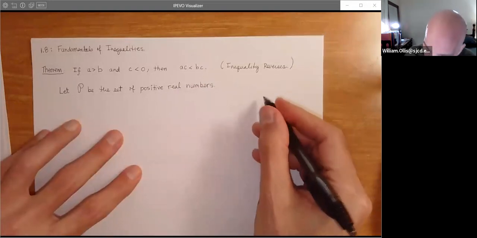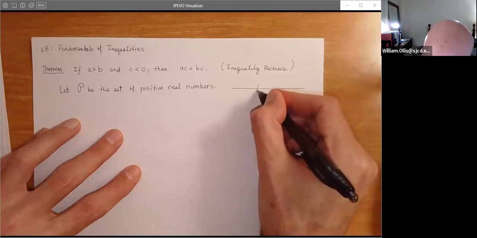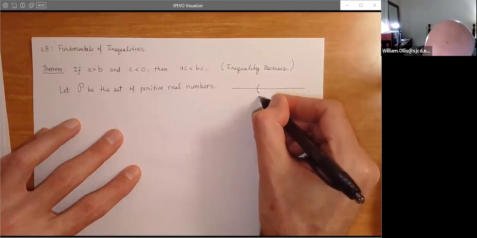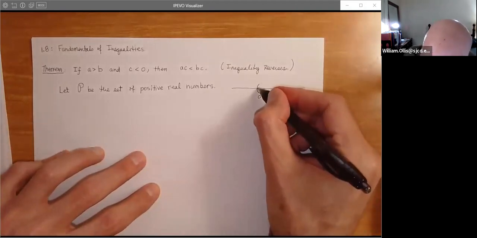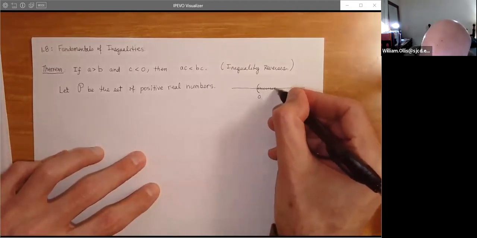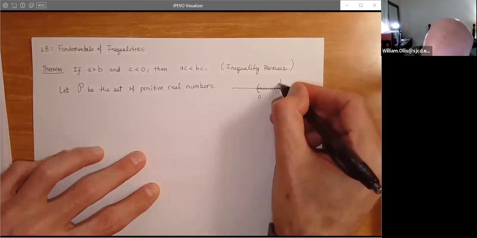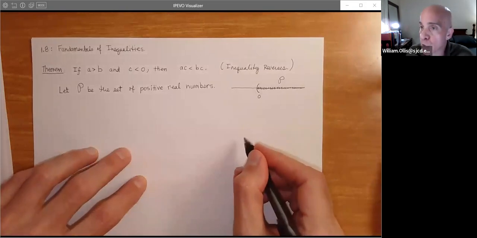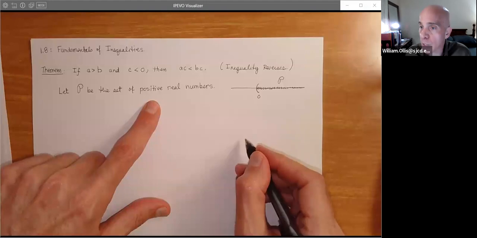So when we think about P, if we drew the real number line, sometimes we just use a parenthesis here, or you could use a circle, and then we shade here, or make that darker like in WebAssign. So this would be P. All real numbers greater than 0. That's what we call the positive real numbers.